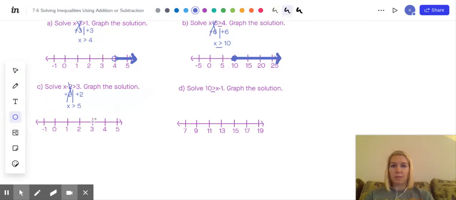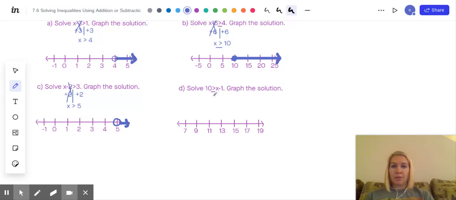Let's make that a little thicker, I think. There we go. And x is greater than 5. So our arrow is going to go to the right on our number line, which 5 is the end of my number line, but I'm just going to draw a little arrow after, meaning that anything greater than 5 is a solution.